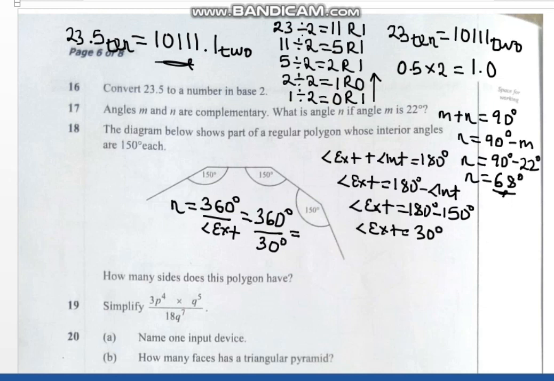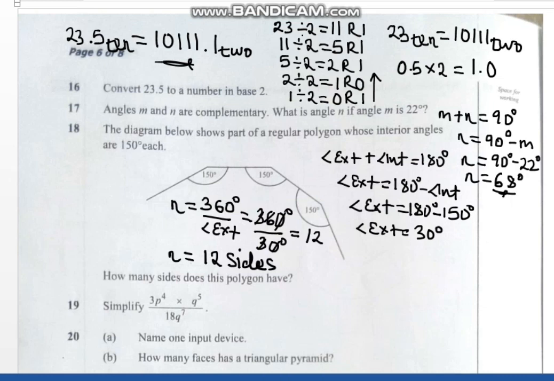The zeros will simplify, and 3 into 3 is 1, 3 into 6 is 2. So this means that n is equal to 12 sides. So the number of sides is just equal to 12.